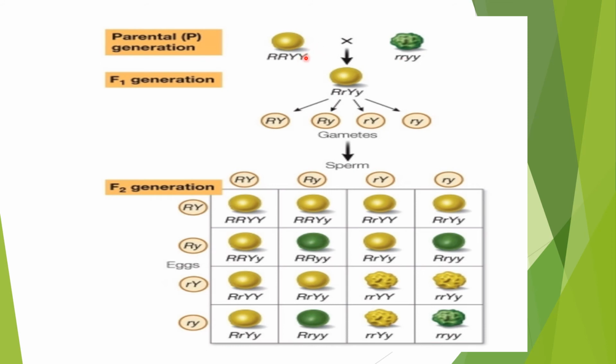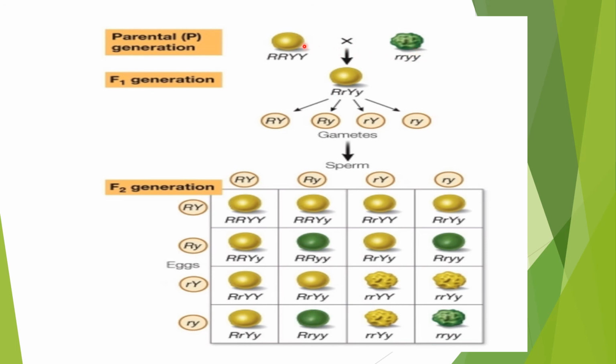Now, the color of the seed or color of the seed coat, if it's yellow in color, then it is the dominant trait. If it is green in color, which is represented by small y, then this is the recessive trait. And these two individuals represent the parental generation.